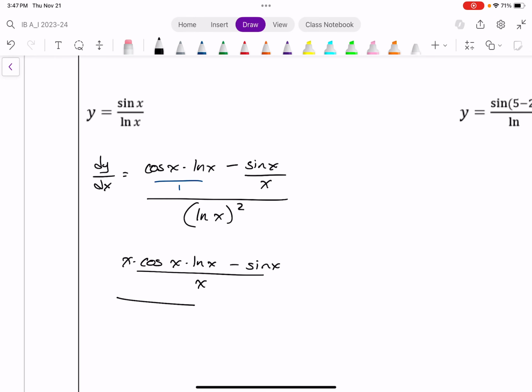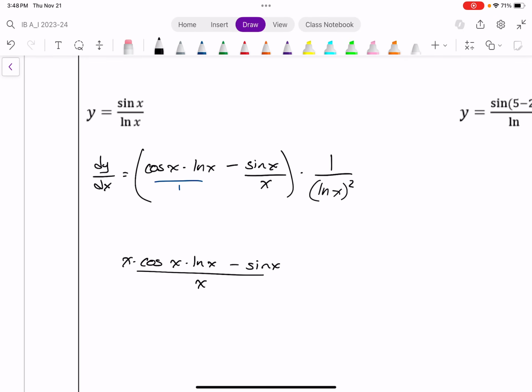However, I don't want to have another fraction below it, so instead of dividing by ln x all squared, I'm going to think of it as everything here being multiplied by 1 over ln x all squared, which means in the end, my denominator is going to be x times the ln of x all squared.